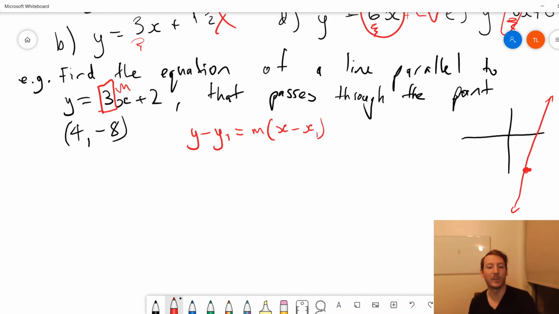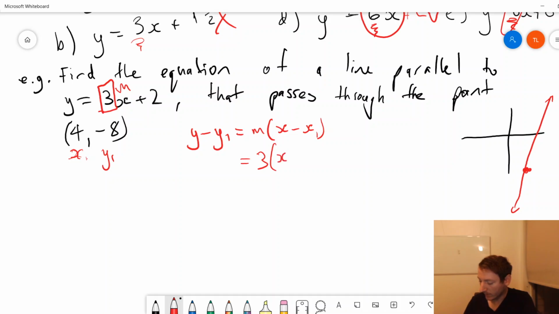And we call that the point gradient formula because you need a point with a y value and an x value and the gradient. And we actually have both of those things in this question. We've got the gradient of 3, because we know it needs to be parallel. And we've got x1, y1.